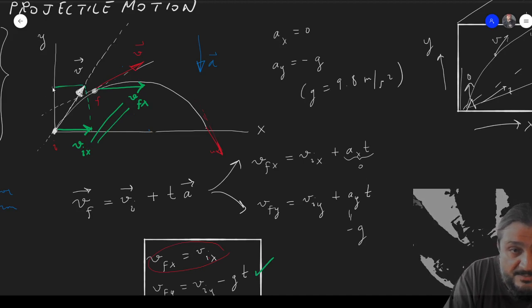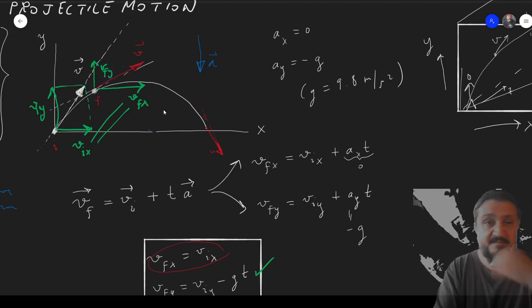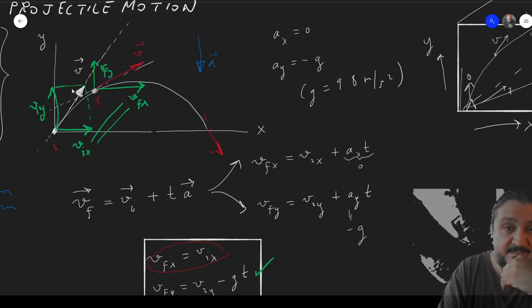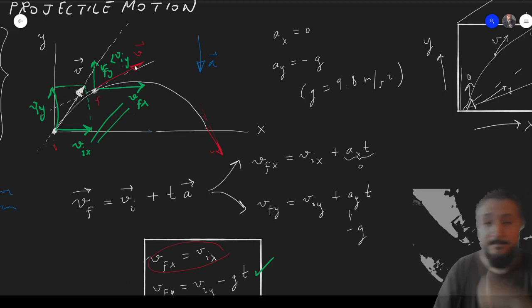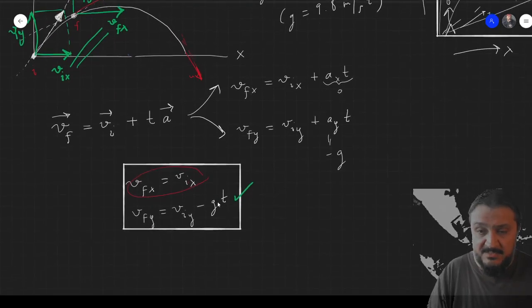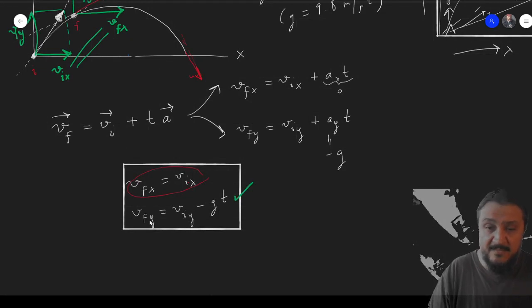The y component, v initial y, changes. See, it's now shorter here. This here is less than v initial y. Why less? Because as time progresses, you're subtracting gt from viy. Vfy will be less than viy.